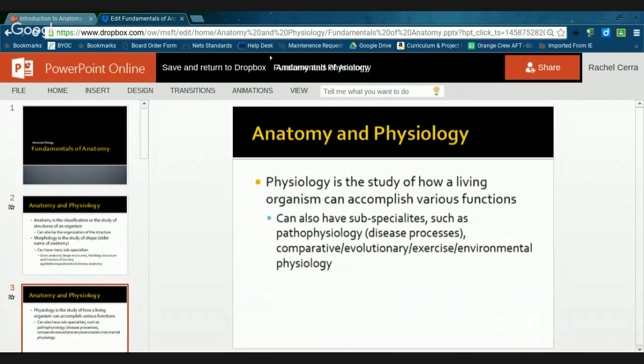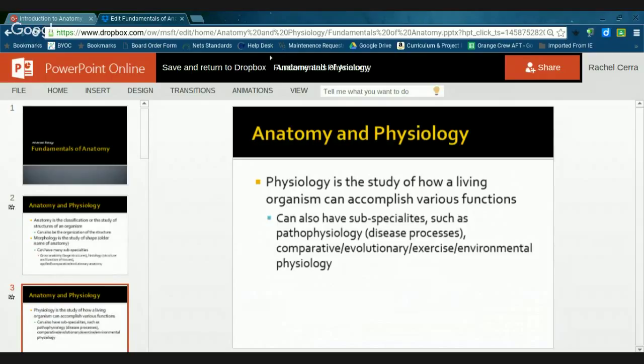Physiology is the secondary part to all of this. So anatomy is the shape and structure. Physiology is going to be the function. How do those parts and pieces work? Again, you can have different subspecialties underneath these. You can have pathophysiology, patho meaning disease causing. So how does a disease affect the functionality of a part?